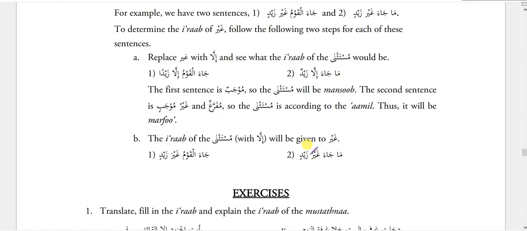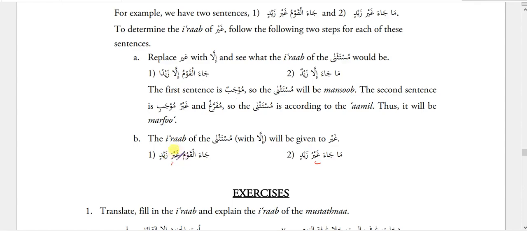So here notes 1 and 2 are explaining that I told you that ghaira and siwa are absolute harf jar. So the mustasna will always have zair on it whenever ghaira is used in a sentence.